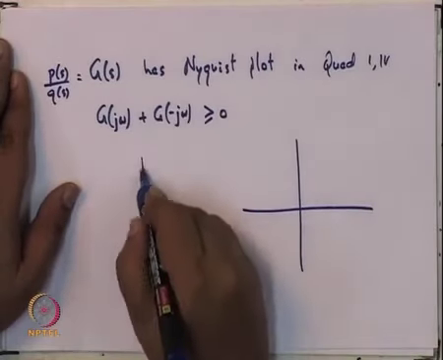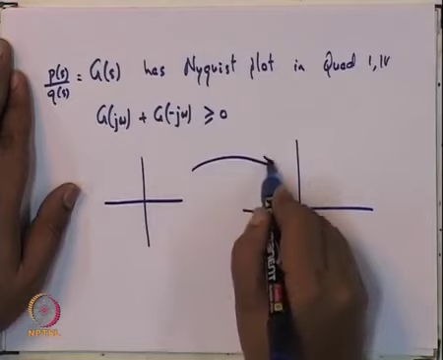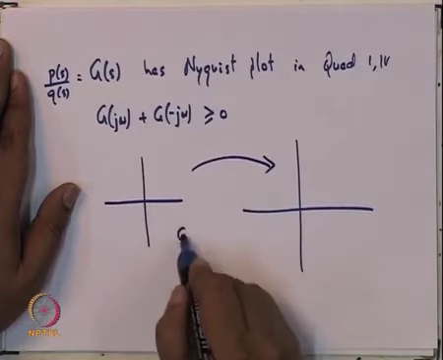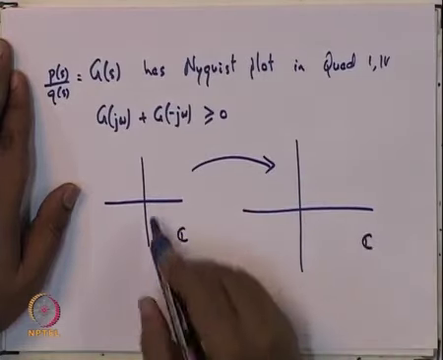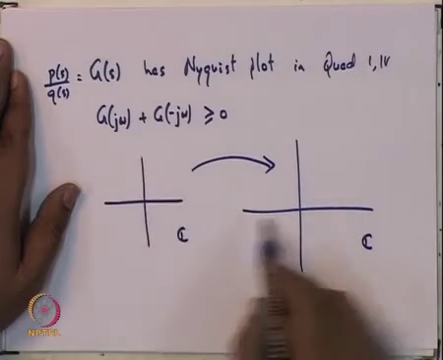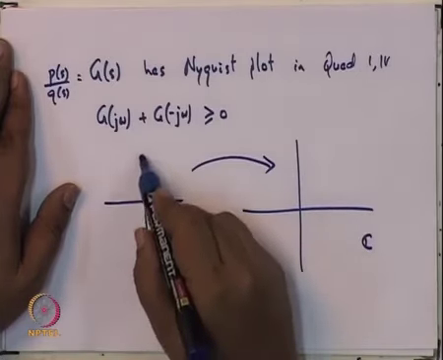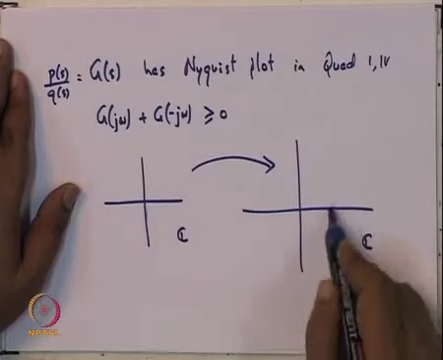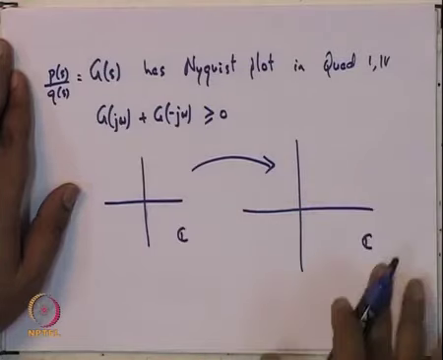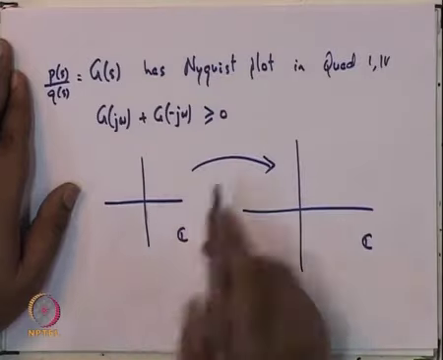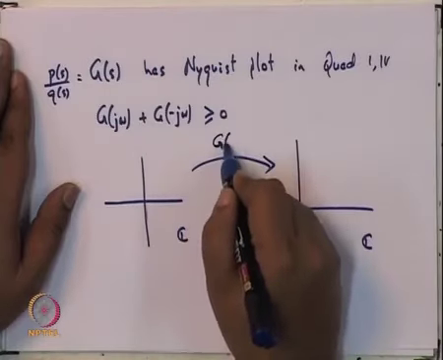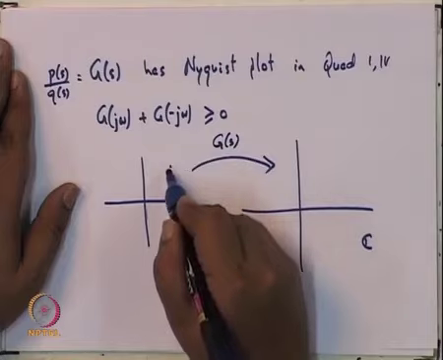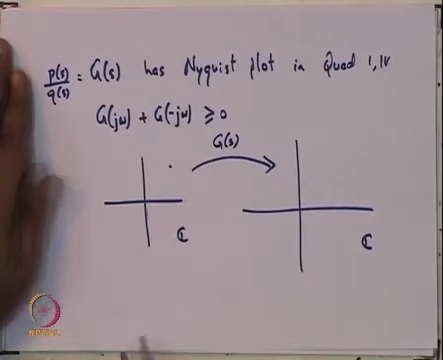Okay. Now, of course, we have this map from the complex plane to the complex plane, and what we are saying is that the image of the imaginary axis is something that lies in the right half of the complex plane. This map here is G(s). So, any point s here goes to G(s) there.